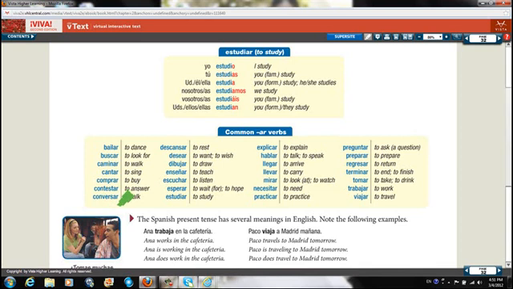Let's say I answer the question. Anyone know what the word question is? It's la pregunta. So if we want to say I answer the question, yo contesto la pregunta. I answer the question. Yo contesto la pregunta.